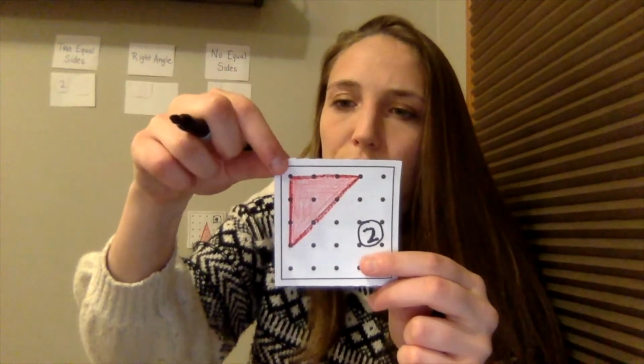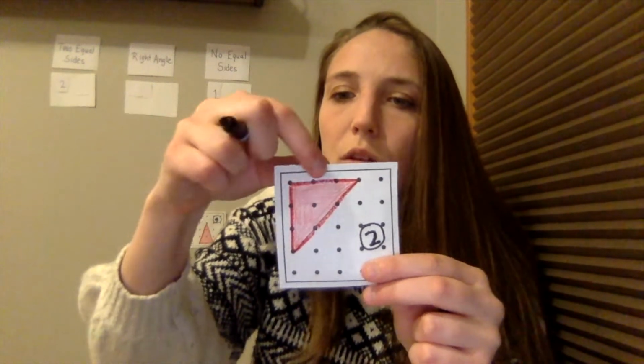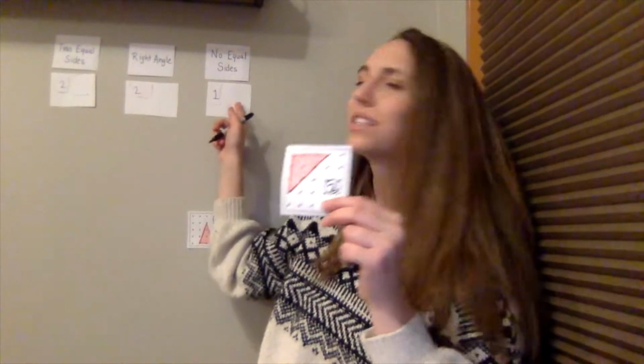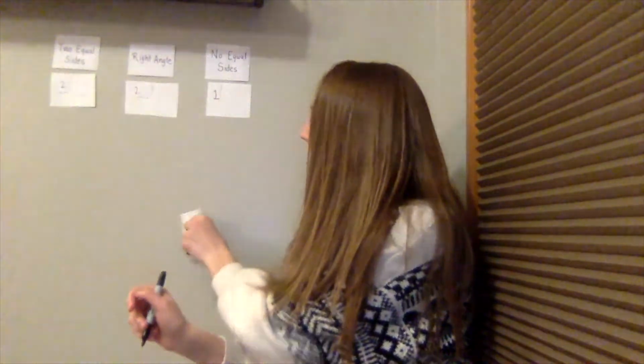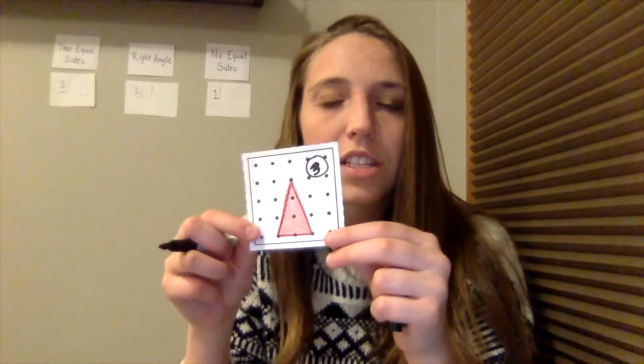I also notice right away that there is a right angle because it's that perfect L shape right there. So it would also fall right under that group. But because it has 2 equal sides, it can't also have no equal sides, so it would not go in this group right here.